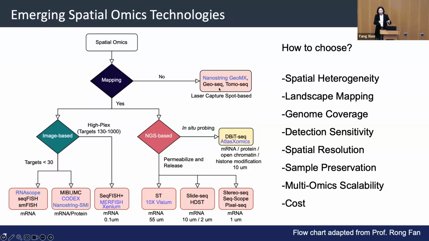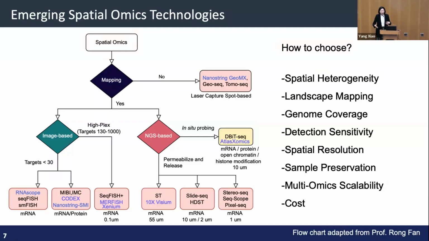Other than that, if you want specific regions all showing up in the same map, then you go with either imaging-based or sequencing-based methods. With imaging-based methods, the resolution is super high, like optical resolution, usually 200 nanometers. But the downside is that you only look at what you're looking for.